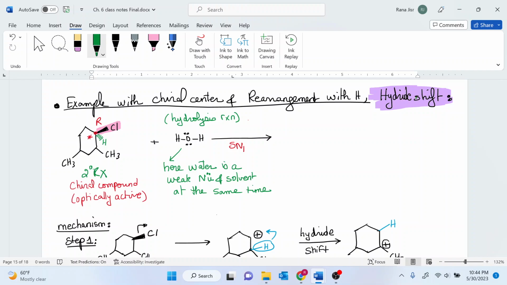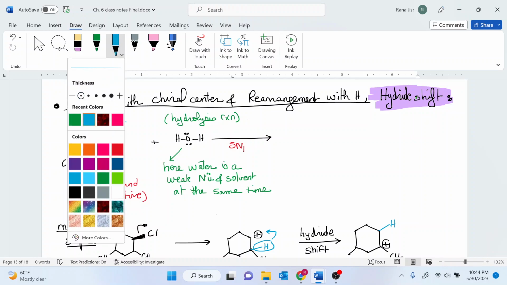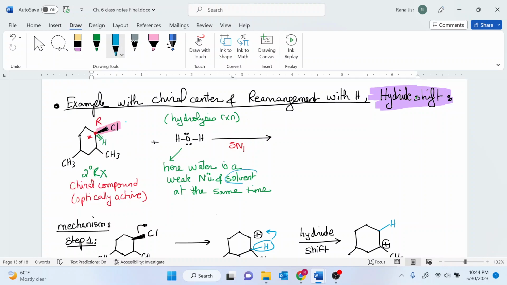With SN1 reaction, there is a role for the solvent. The solvent always, and these are especially polar protic solvents, not polar aprotic solvents, polar protic solvents always act as a base at the end of the reaction.